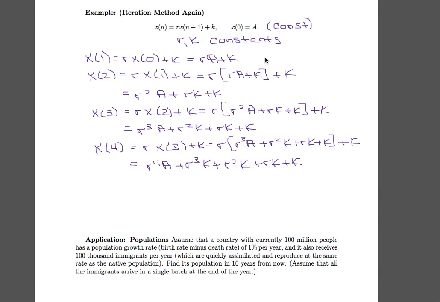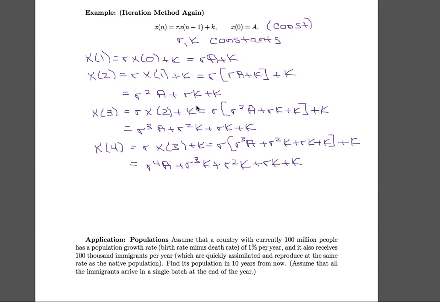So for n equals 1, we had RA plus K. For n equals 2, we had R squared A plus RK plus K. Then we had R cubed A plus R squared K plus RK plus K. And then R to the 4th A plus R cubed K plus R squared K plus RK plus K. Alright, so there are two qualitative pieces to these expressions, right?